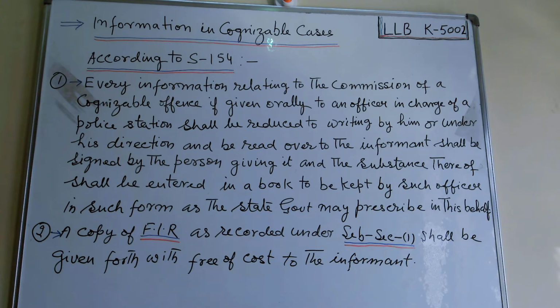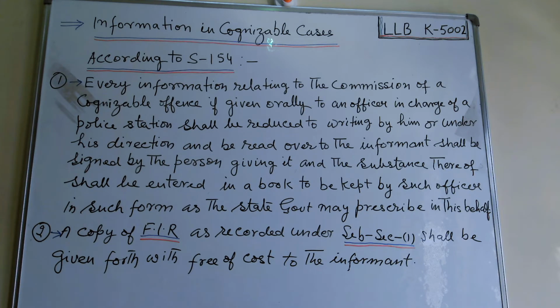Second, a copy of FIR as recorded under subsection 1 shall be given forthwith, free of cost, to the informant. My dear friends, this is the total procedure of writing a FIR in the police station.